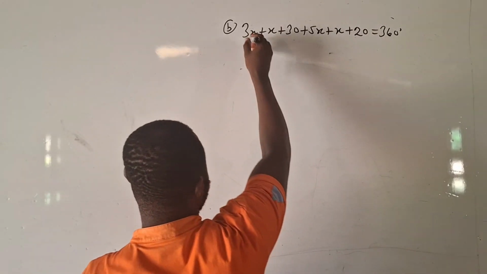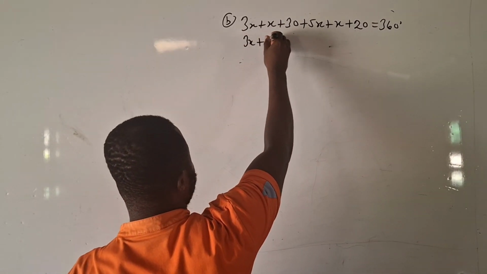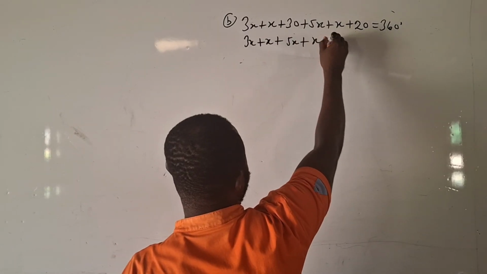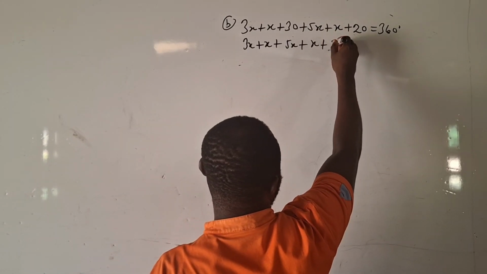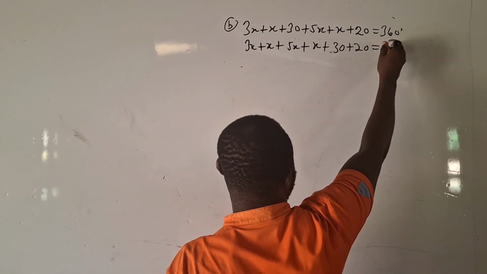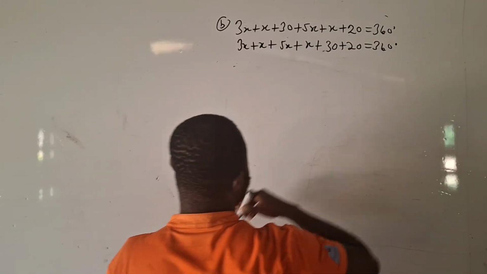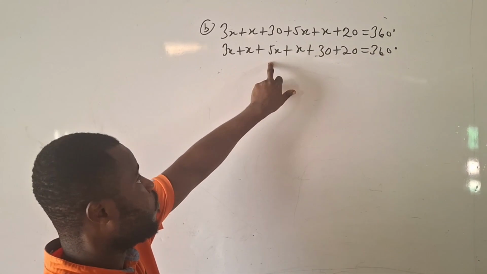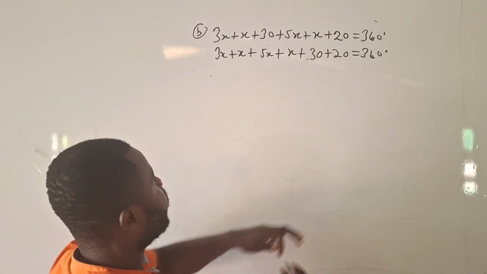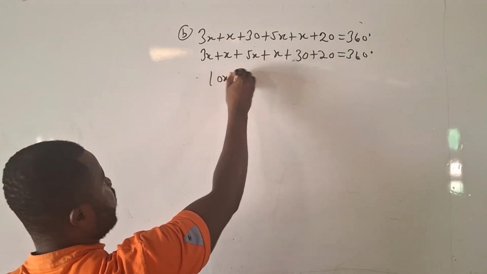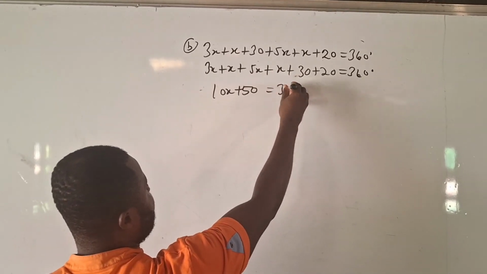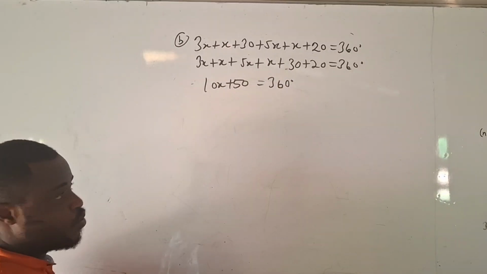So in grouping like terms, 3x plus 1x plus 5x plus x plus 30 plus 20 is equal to 360 degrees. Now 3x plus 1x, 4x, 9x, 10x. 10x plus 50 will give us 360 degrees.